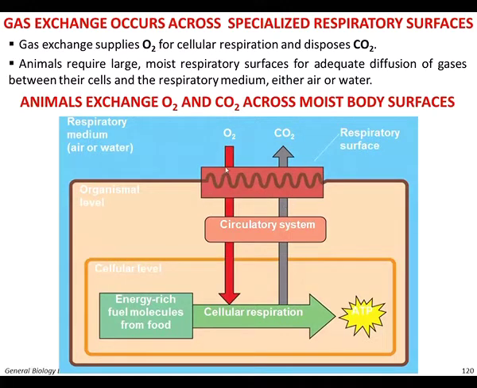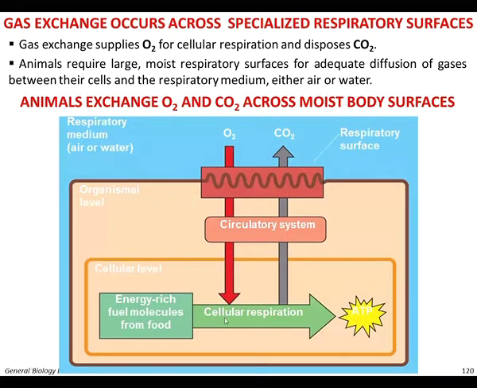Soon after exchange occurs in the lungs or gills or trachea, whatever the animal, the gases are collected by the circulatory system. Then at the cellular level, oxygen is conveyed to the cells for cellular respiration and ultimately the generation of ATP, which is needed for energy for the metabolism occurring inside the cells.